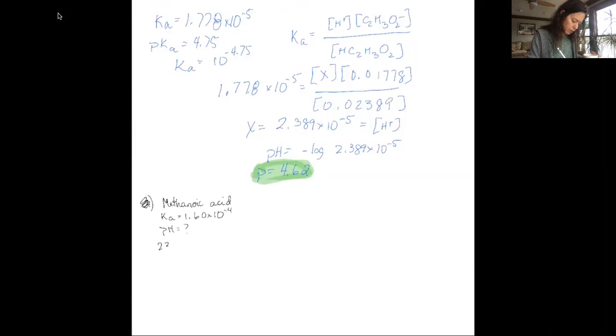I've got 23.90 milliliters of a 0.100 molar hydroxide. And I've got 25.0 milliliters of a 0.100 molar methanoic acid.